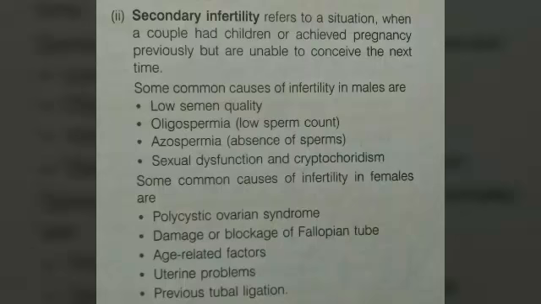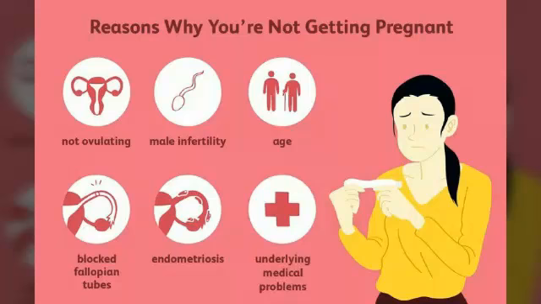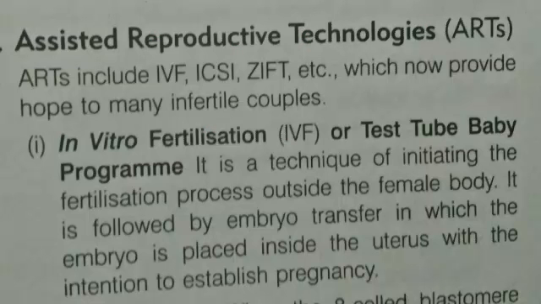Secondary infertility refers to a situation when a couple had children or achieved pregnancy previously but is unable to conceive the next time. It means they have a child or have conceived a pregnancy before but it is not possible right now. It is known as secondary infertility.